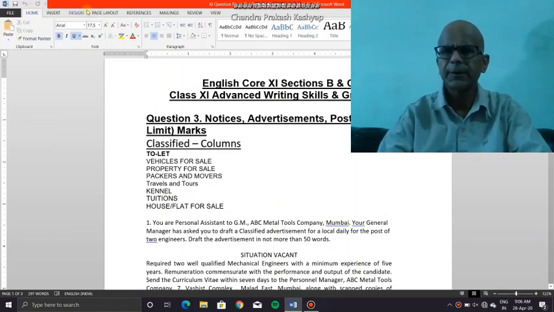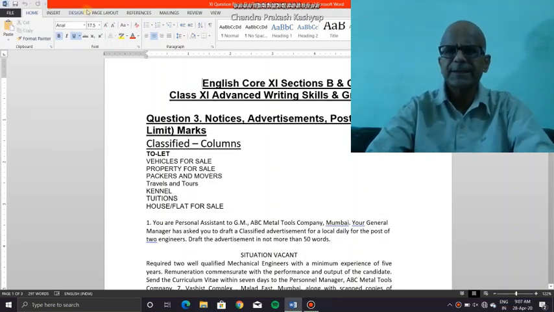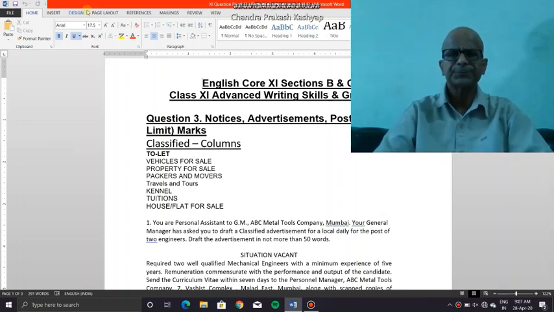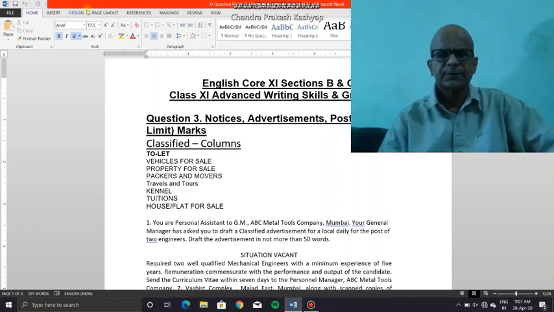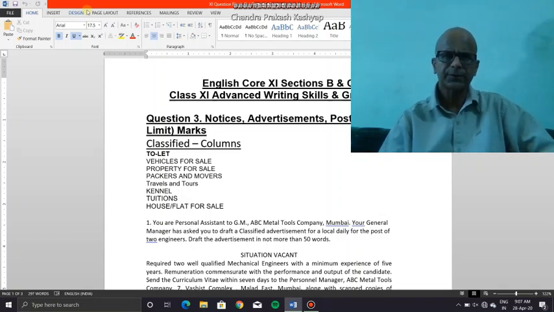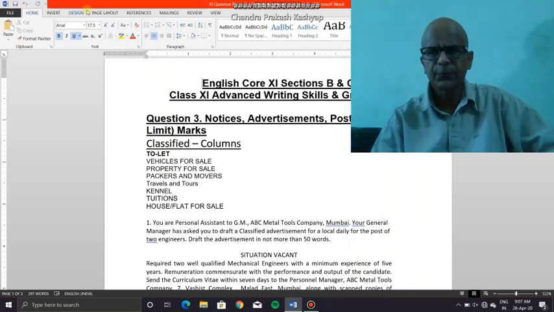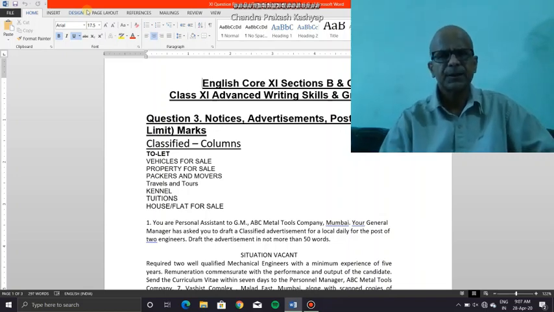So, having taken you through the second question of the question paper of English Core for class 11, question number 2, which is note making and summarizing, and having discussed the different elements that do not form a part of notes and summary, we now move on to section B and C, question numbers 3, 4, 5 and thereafter.